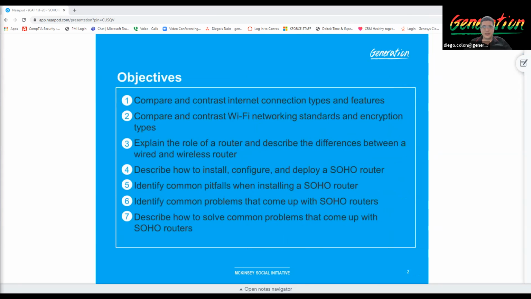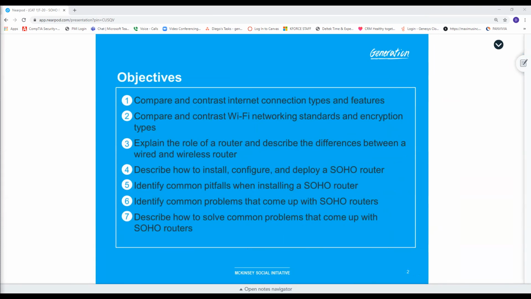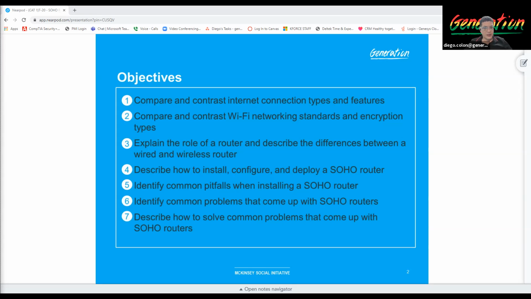By the end of this session, our ultimate goal is to be able to compare and contrast the internet connection types and features, compare and contrast Wi-Fi networking standards and encryption types, explain the roles of a router and describe the differences between wired and wireless routers, describe how to install, configure, and deploy them, and identify the common pitfalls when you're installing them, and obviously identify common problems that may come up with the actual Soho routers. Lastly, we'll be able to describe how to solve the common problems that may come up.